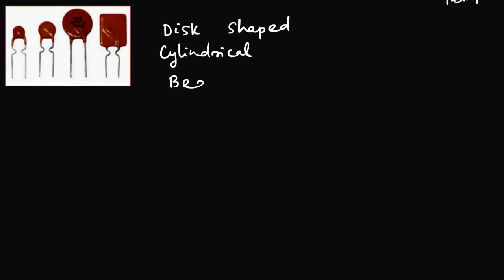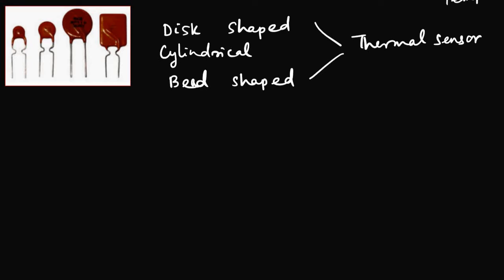It can be bead shaped also, depending upon the requirement. And they all are used as thermal sensors. This is a reference to the thermistor. If you come across this device, you can easily know it is a thermal sensor. It acts as a thermal sensor, so it is a thermistor. Then we will go on to the working of it.